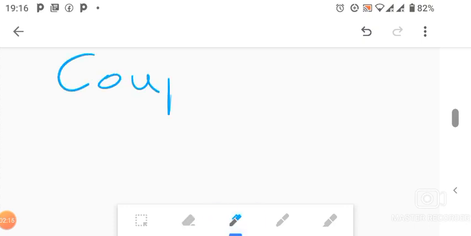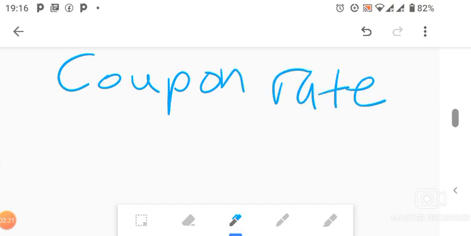coupon rates. The coupon rate comes in the form of a percentage. As I said, you agree on a certain amount that they will be giving you, maybe yearly or monthly. You decide as the company and the investor. It's given as a percentage, and it acts as the interest payment you'll be receiving on your investment through that bond.